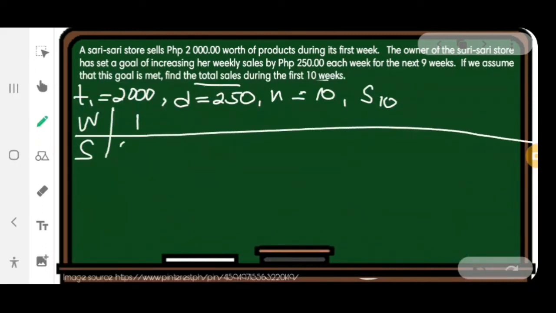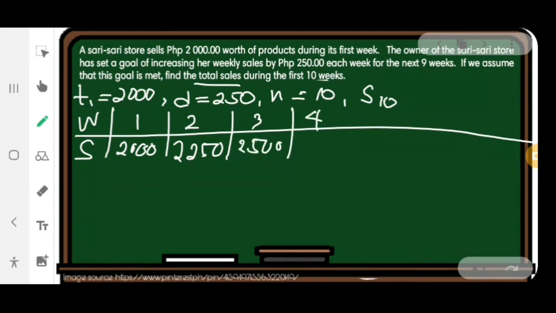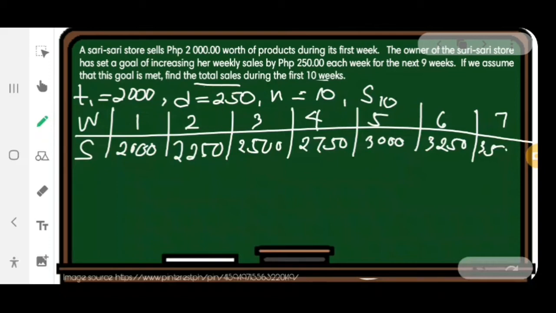First week we have 2,000. For the second week, the total sales is 2,000 plus 250 is 2,250. Third week is 2,500. Fourth week is 2,750. Fifth week is 3,000. Sixth is 3,250. Then on the seventh week is 3,500.